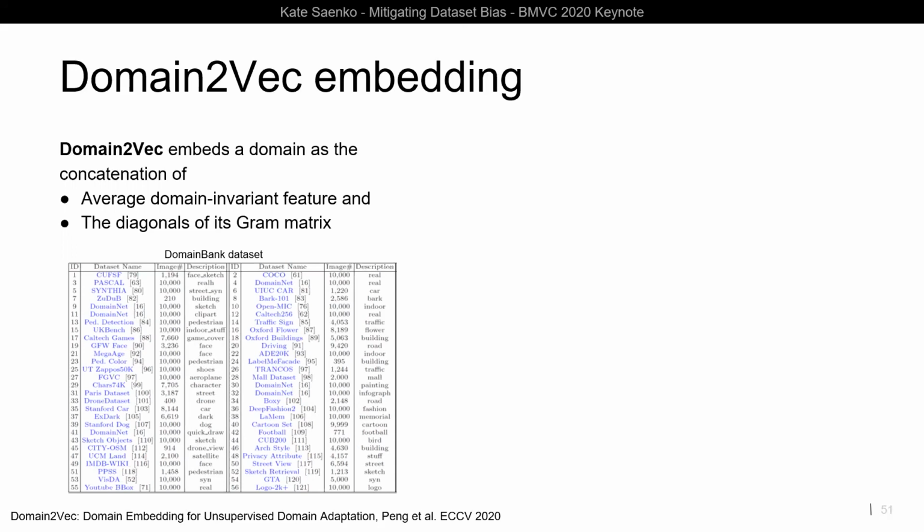In this data set, we have something like, I believe, 56 different domains. And it's a composition of existing data sets. It includes domains such as cars and real images, and also sketches, traffic data, synthetic data, logos, and so on. So it has a large variety of visually different image data.